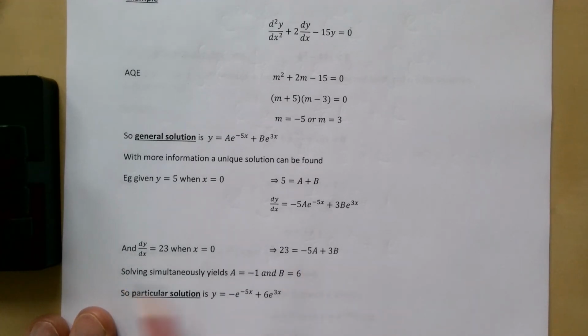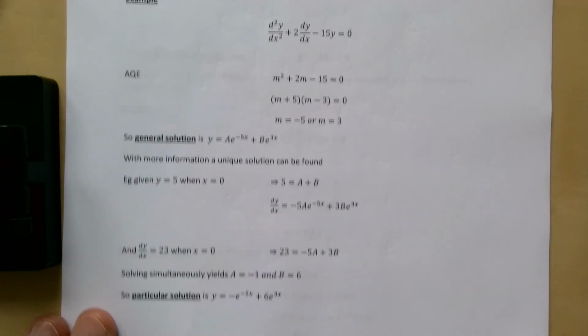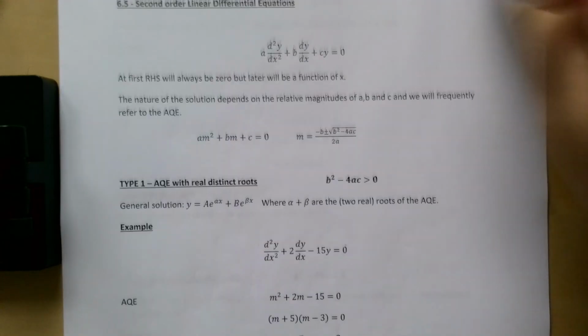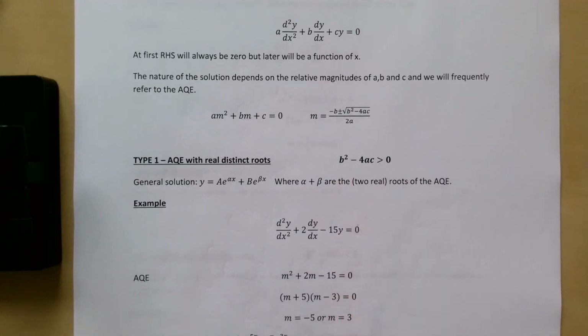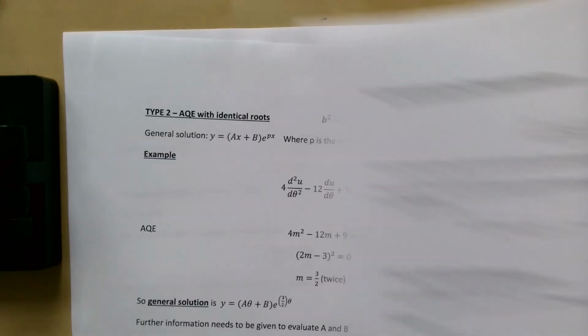This gives our answer of a is minus 1 and b is 6. So the particular solution is y equals minus e to the minus 5x plus 6e to the 3x. That's type 1, where b squared minus 4ac is greater than 0.